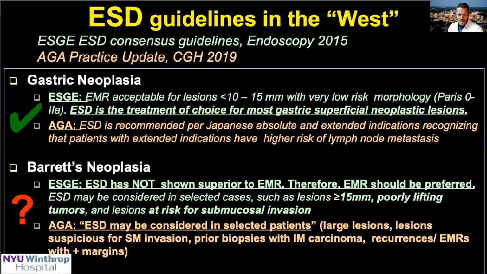That's largely because the Western experience with it is minimal compared to the East, so we don't have the good outcomes and speed that are necessary to make it a preferred recommendation. So it gets an equivocal recommendation in the AGA and ESGE.